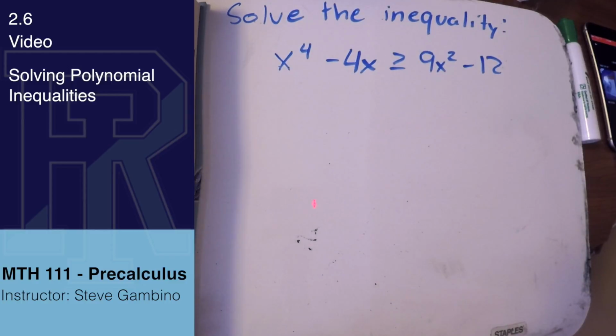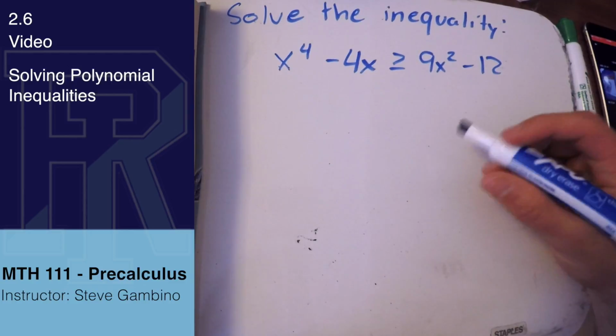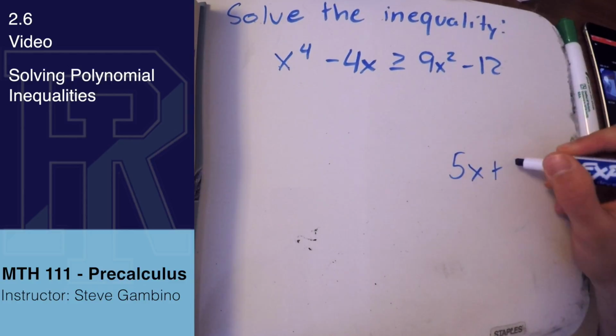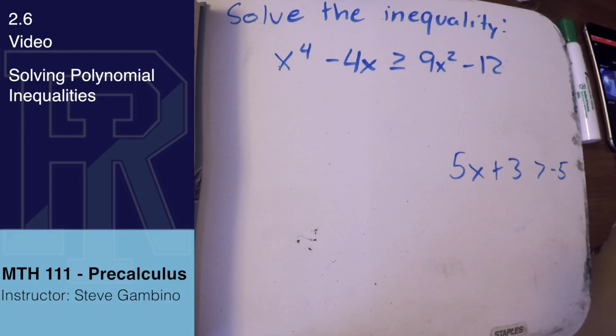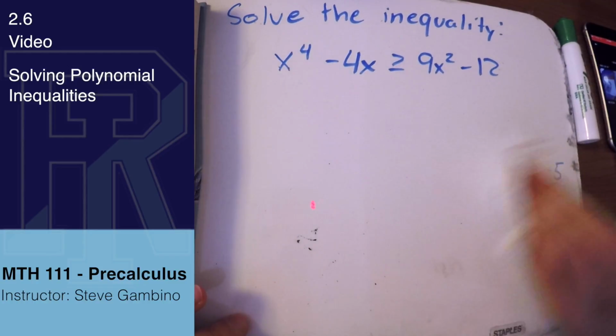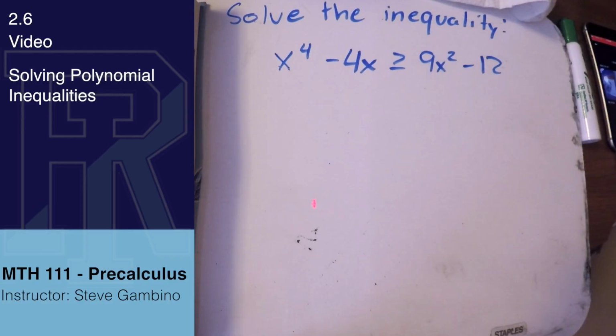As this looks right now, it seems really complex to solve, right? Because if we think back to when we did inequalities with linear functions, things that were written like 5x plus 3 greater than negative 5 or something like that, we could very simply apply the same rules of an equation and just solve for x, and that would be a way to find our solution to that inequality.